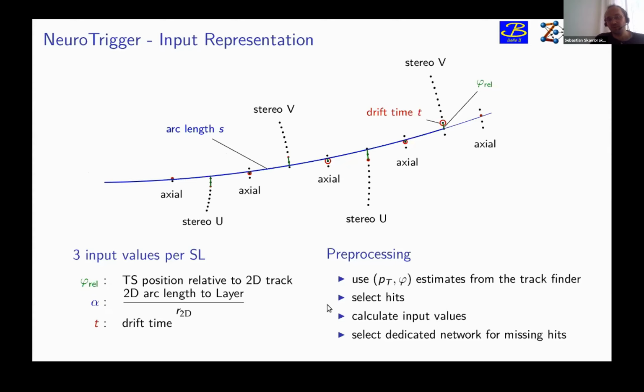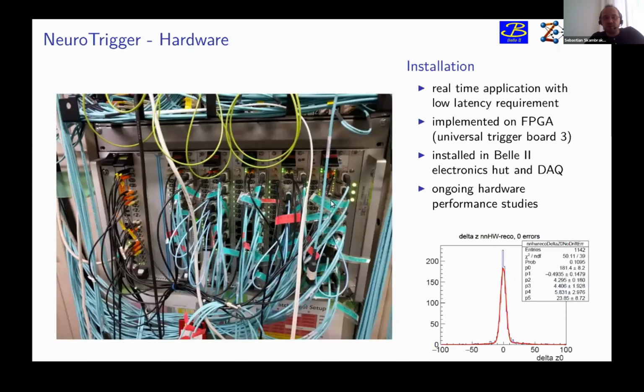We have a setup with expert networks for missing hits. So for missing stereo hits, with 4 stereo superlayers, we have therefore 5 networks in total, 1 network when all stereo hits are present, and for each stereo layer missing, a dedicated expert network. This setup is already implemented at Belle 2 and running in the present runs and recorded.